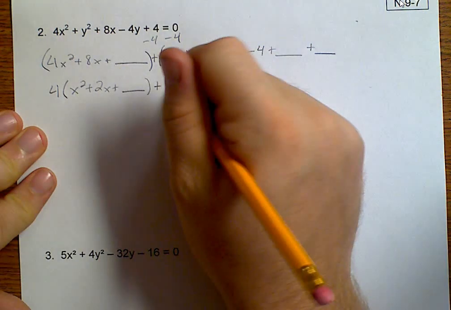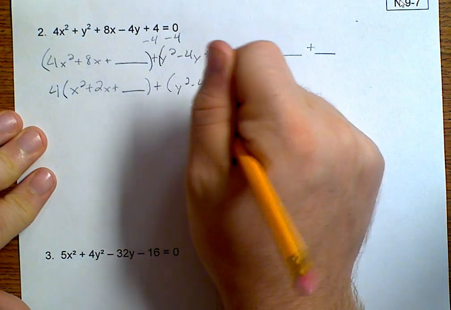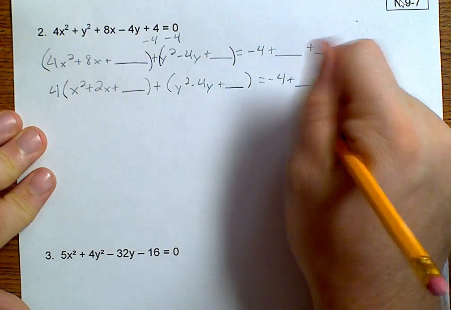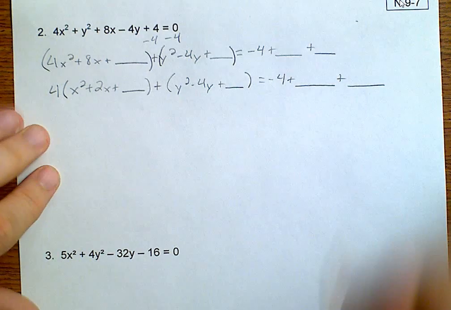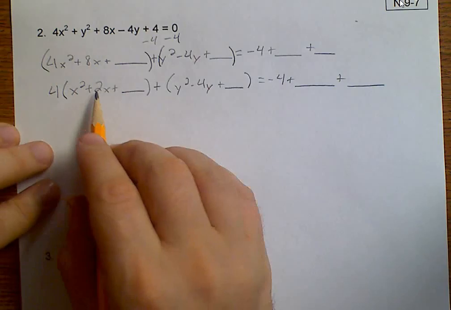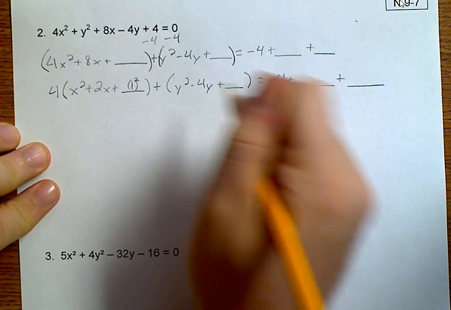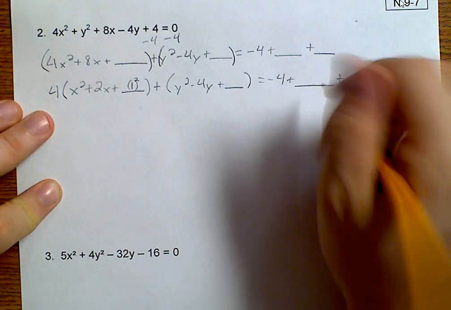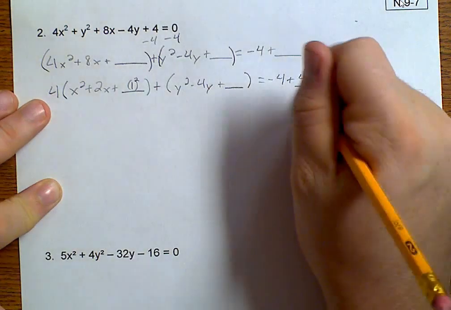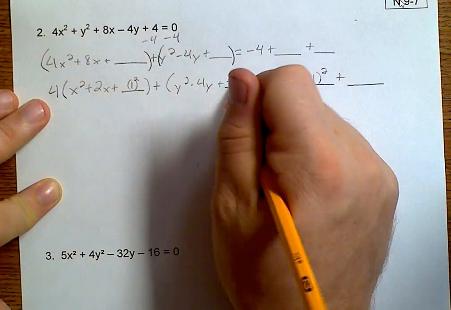So this is just going to be y squared minus 4y plus its complete the square number equals negative 4 plus both. Well, half of 2 would be 1, so this would be 1 squared. So over here, we put the 1 squared, but we can't forget that it's also being multiplied by 4. And over here, half of negative 4 is negative 2, so we need to square that.